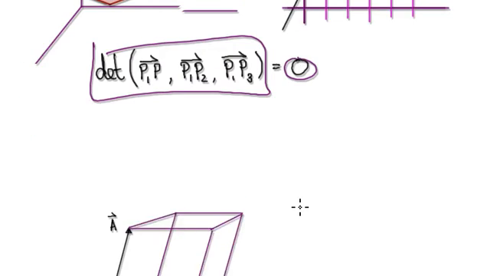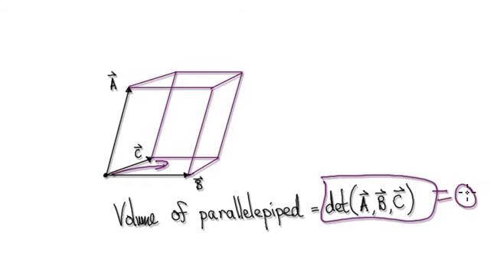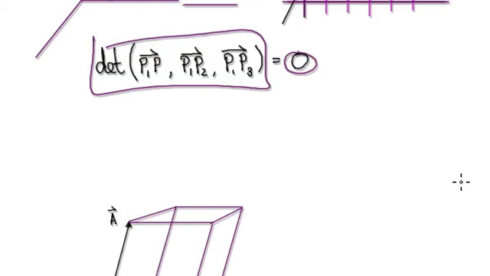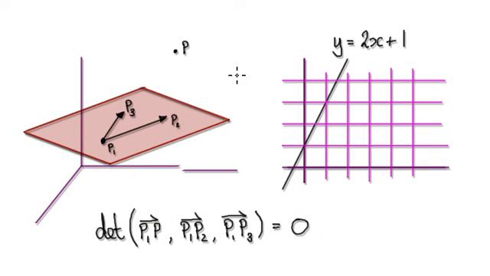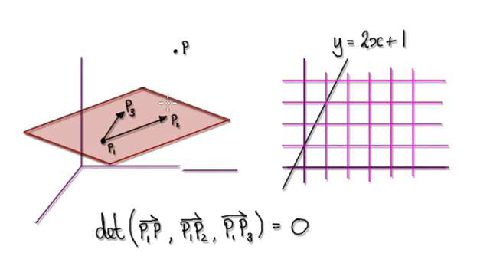Because if 3 vectors lie on the plane, then the volume or the determinant would be 0. So for us to describe this plane, we would demand that our general point be on this plane. Well, if it's on the plane, then it will have a volume of 0 or the determinant of 0. I hope you can follow that.